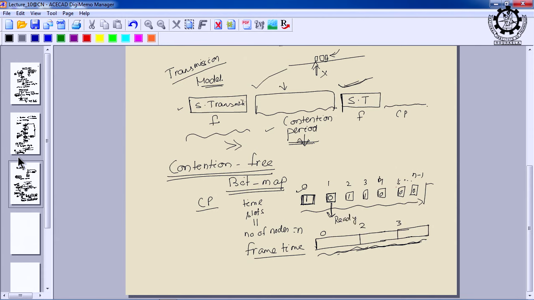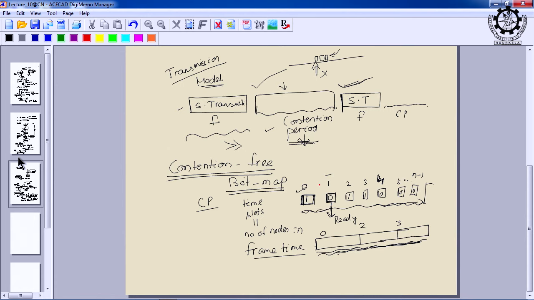Let us say the timer is now at node number 4 and at that time node 1 gets ready. No chance. What does it have to do? It has to wait till all the reservations of the contention period take place, then the whole transmission takes place, and then its own slot comes again to book the channel.